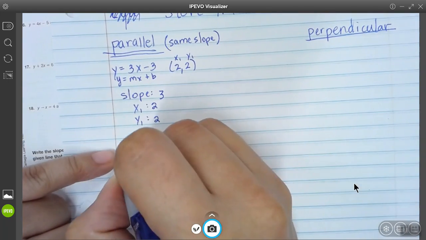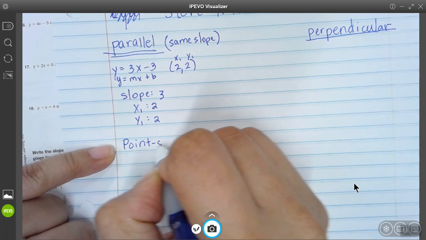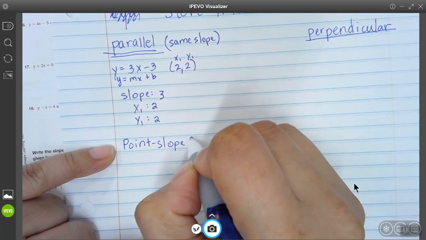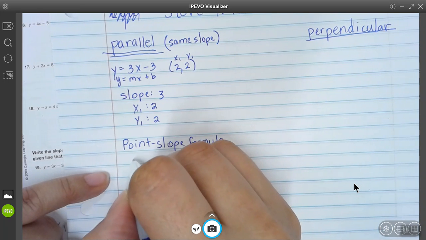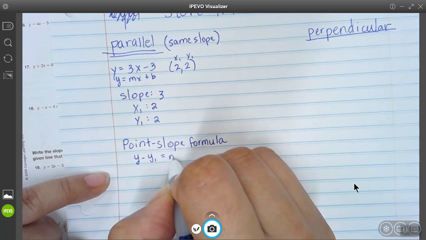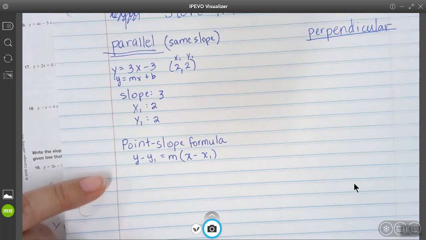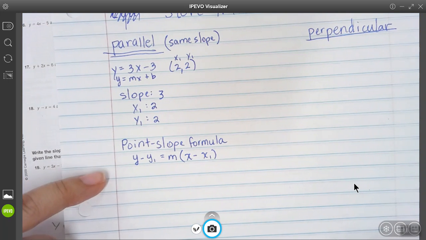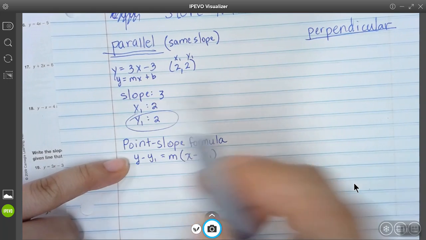Then you're going to start with your point-slope formula, and that's y minus y1 equals m times x minus x1. Y'all ready? Here we go. y1 is a 2.